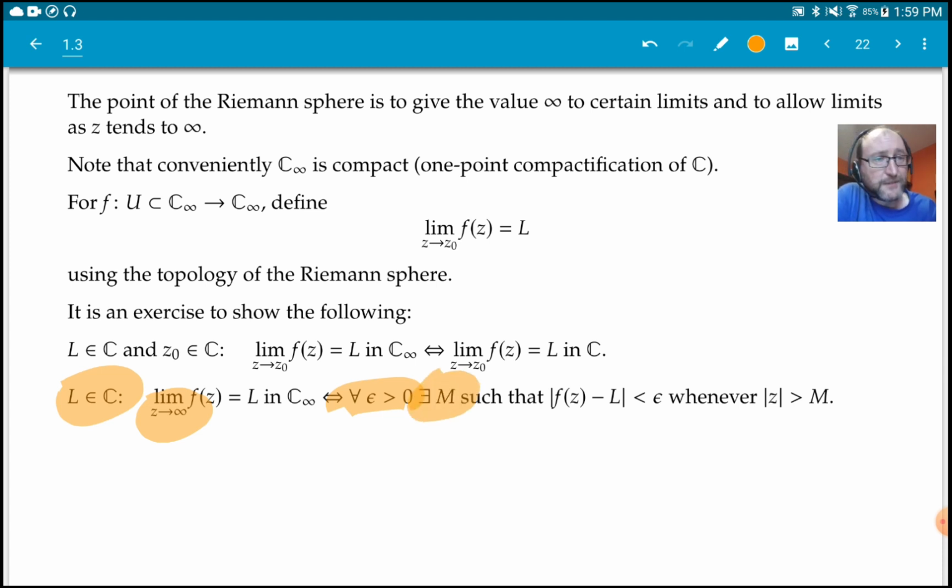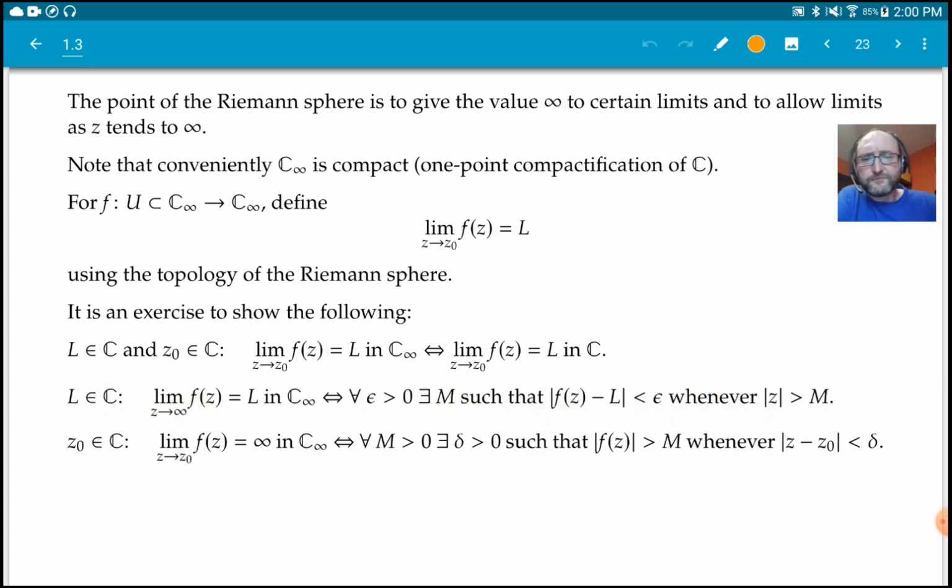So there is some real number m such that f of z is within epsilon of L whenever z is bigger than m, right? So this gives you these neighborhoods of infinity, right? So that's if L is a complex number.